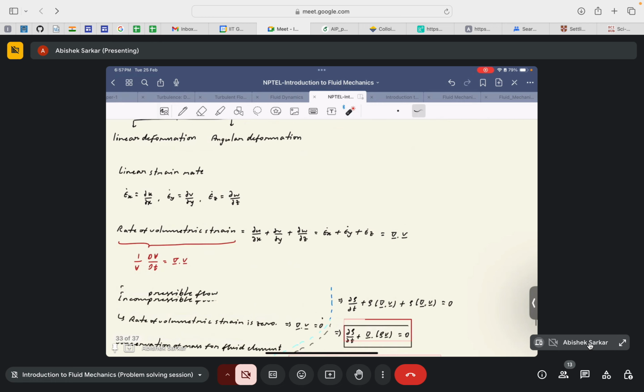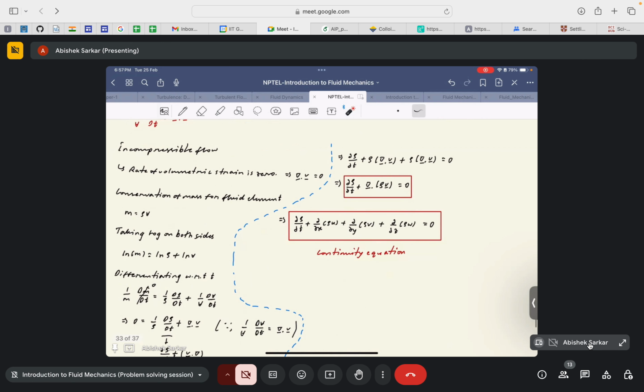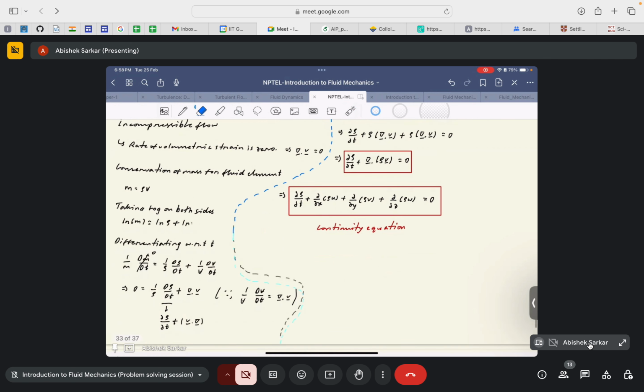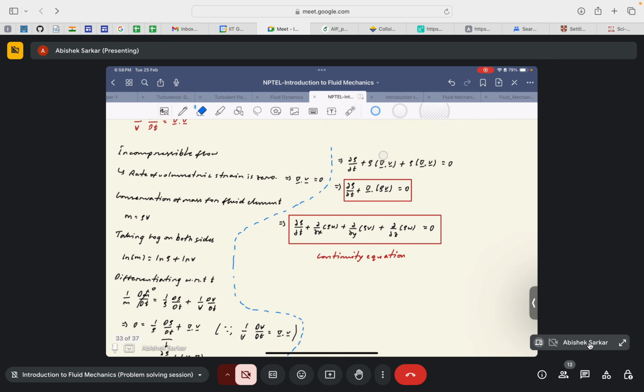So once you substitute that, you will get something like d rho by dt plus rho times nabla dot v... oh I'm sorry, here I have made a mistake, it seems. It should be the other way around, so it will be rho times v dot nabla plus rho times divergence of the velocity field.